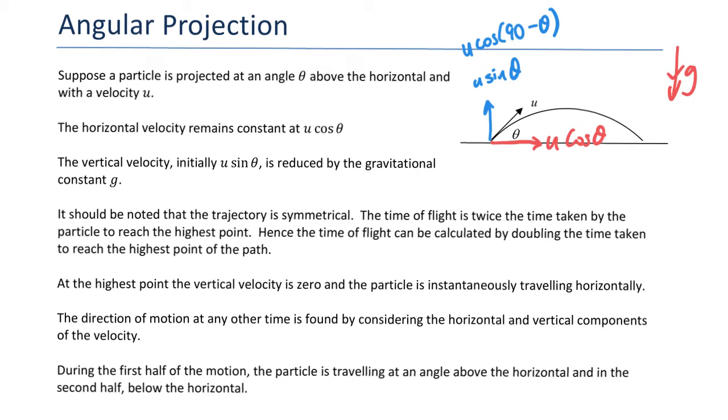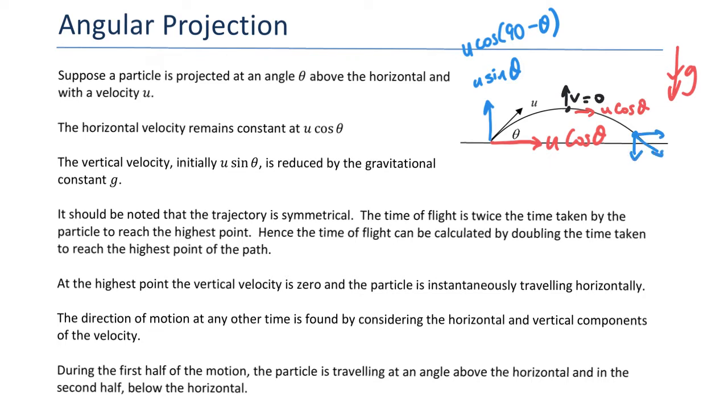And when we reach the highest point, remember that the upwards velocity is going to be zero. There'll still be a horizontal velocity, and it'll still be the same, u cos theta. The direction of motion at any other time is found by considering the horizontal and vertical components. So no matter where we are, we would pick the point, find the horizontal and the vertical component, and then resolve that.